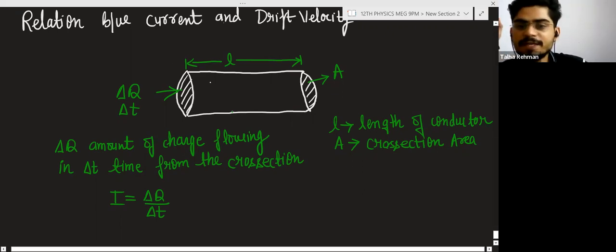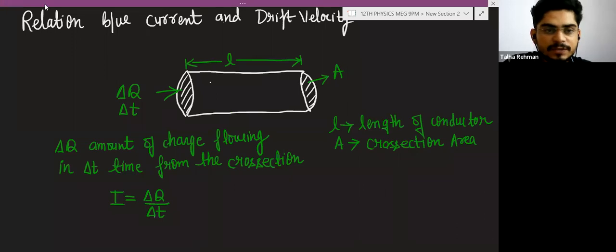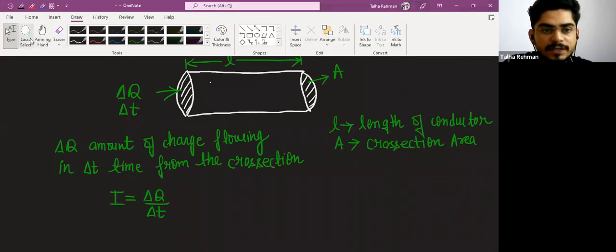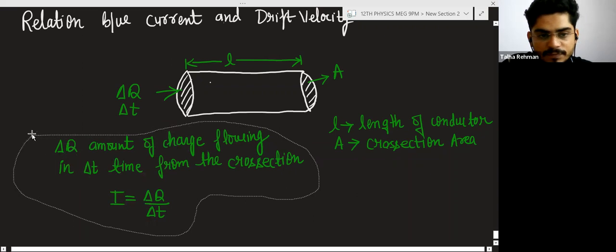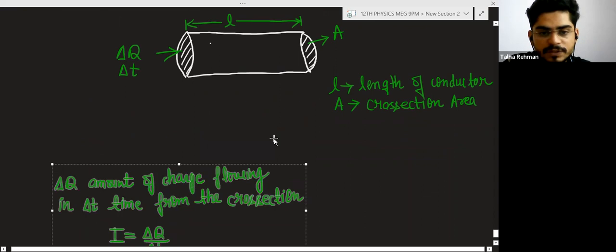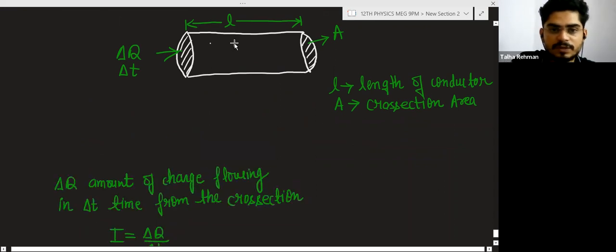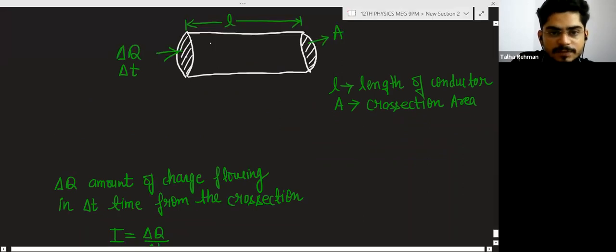When you apply the electric field, or connect the conductor with the battery, then the electrons have the drift velocity. The electron moves with the drift velocity. What I have done here is just connected this conductor with the battery.